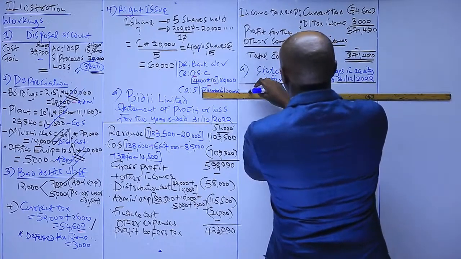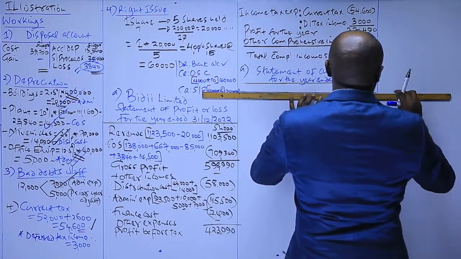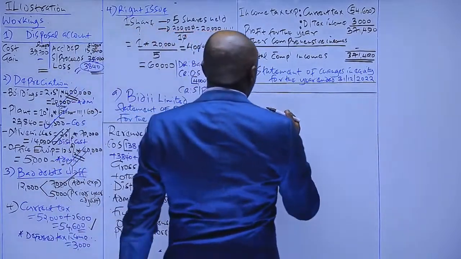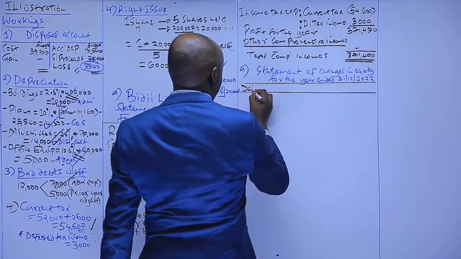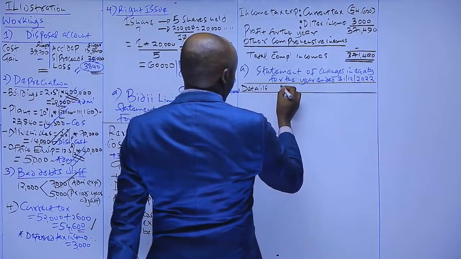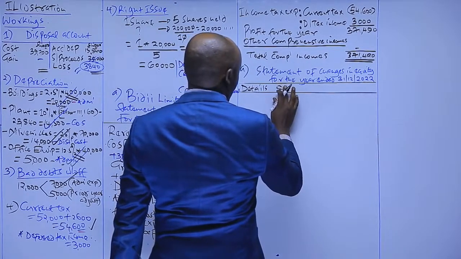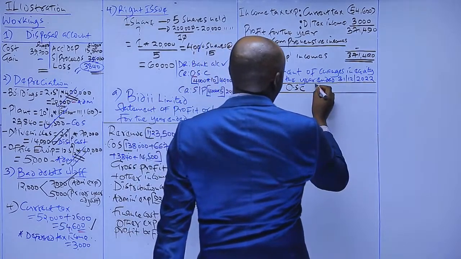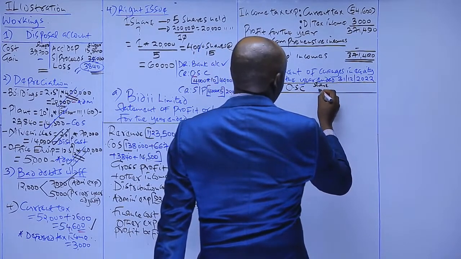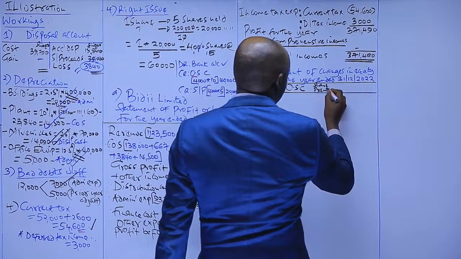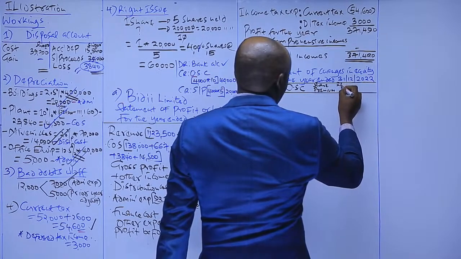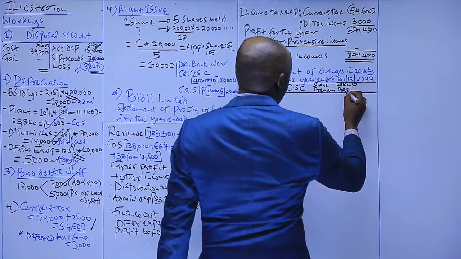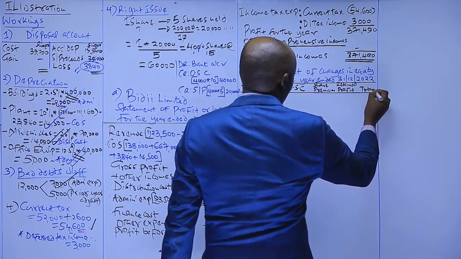We are going to have a number of columns. The first one will be the details column, and then ordinary share capital, share premium, retained profit, and then the total column.